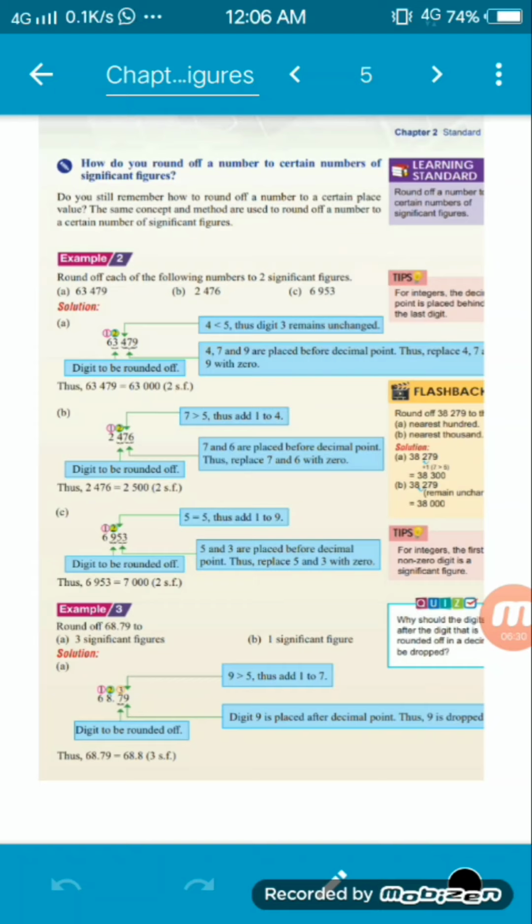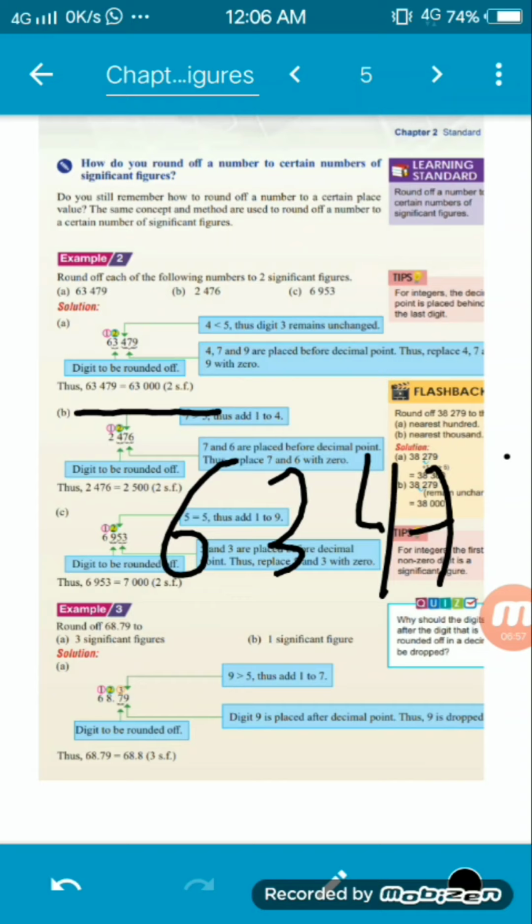Dari 6 pergi ke kiri, 6, 3 bermaksud kita tengok tepi 3 tu, kalau lebih dari 5 kita tambah 1 nombor 3. Okay, macam ini contoh dia. Sebagai contoh, 6, 3, 4, 7, 9.